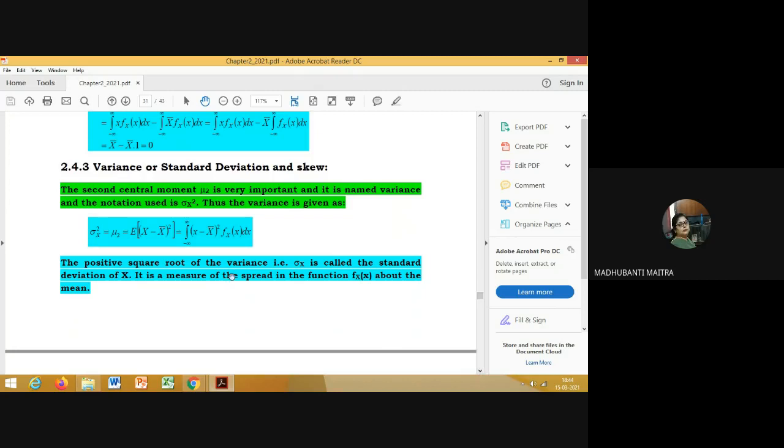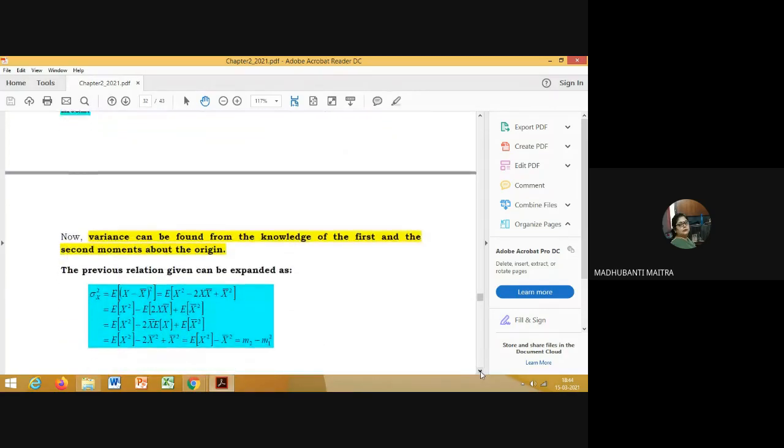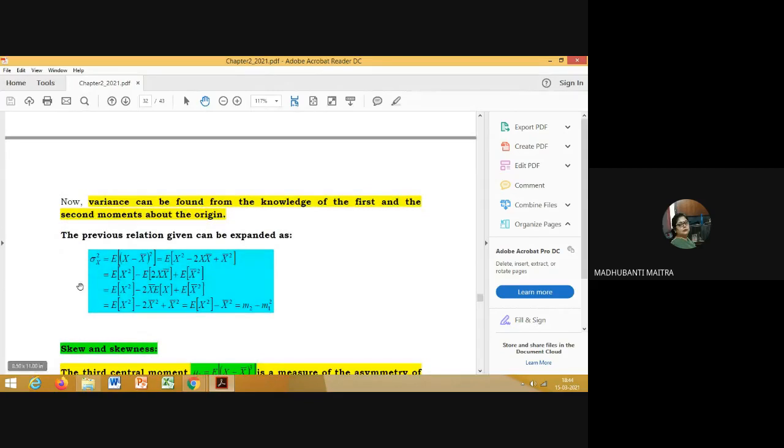So from this definition, we see that the variance sigma x square is equal to the expected value of x minus x bar whole square.